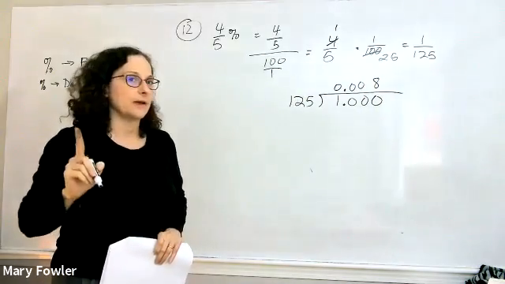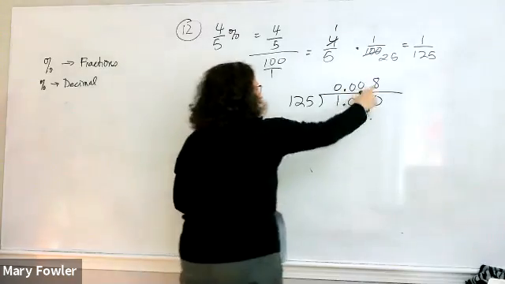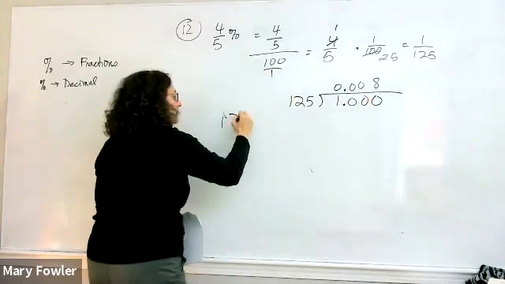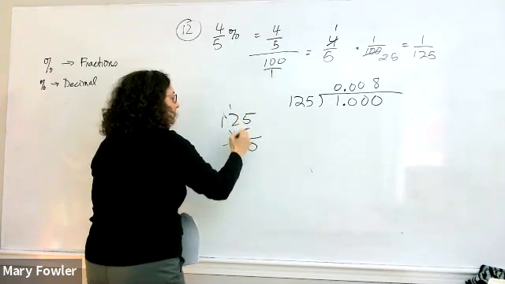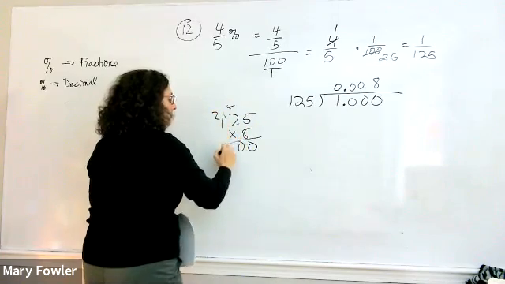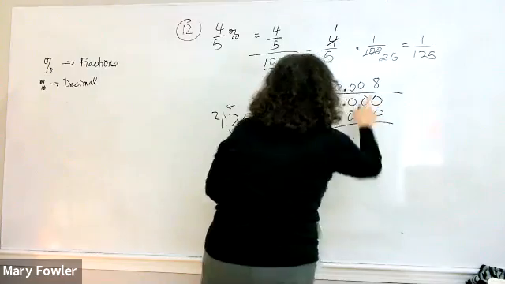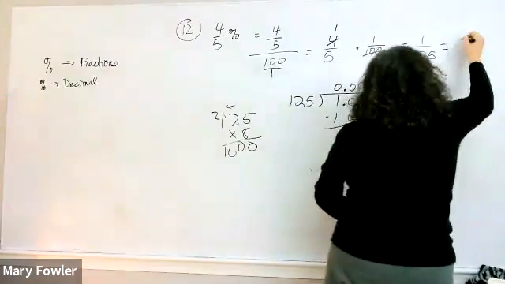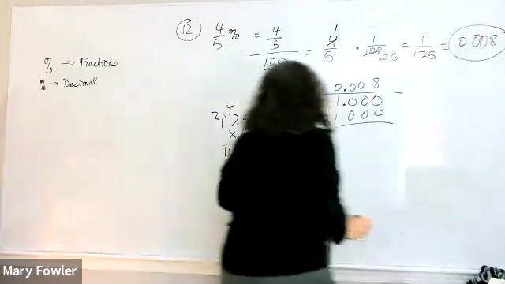Now, I didn't just know that. This is my second time through this video because the first time I made a mistake. But you can check 125 times 8 is 1,000. Okay. And so that's our answer.